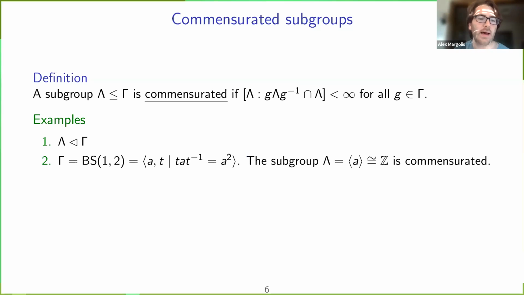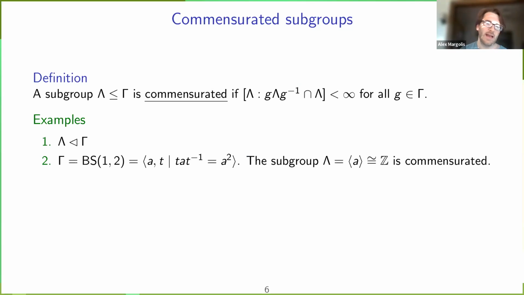If we take the group BS(1,2), that's a group with this presentation, and we take the infinite cyclic subgroup generated by A, then we can see that this is commensurated, but it's very far from being normal. And again, the way of seeing this is using the defining relation. If you conjugate A by T, you get A squared.